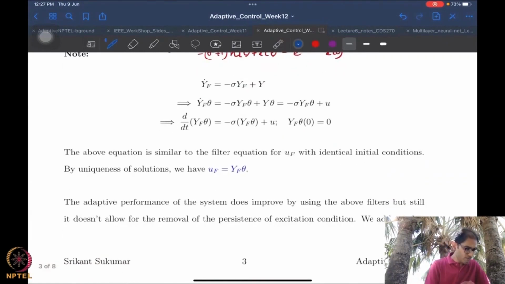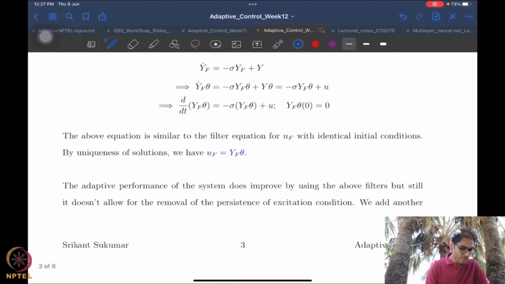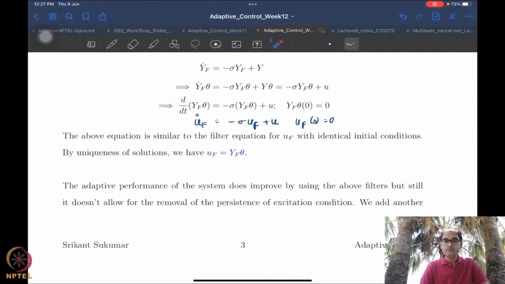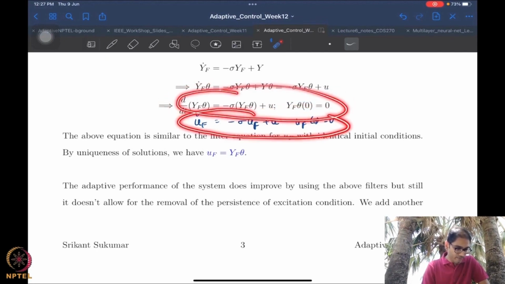Right? So if you compare it with the UF equation, I will write it here for your reference. If you compare it with the UF equation, what do you note? You note that these two equations are exactly the same.